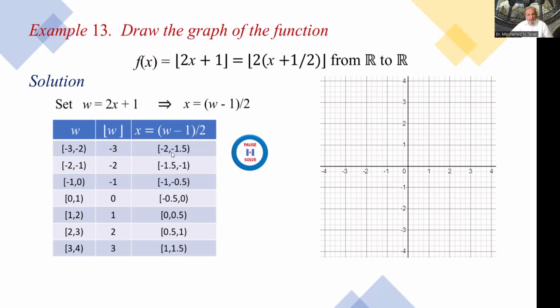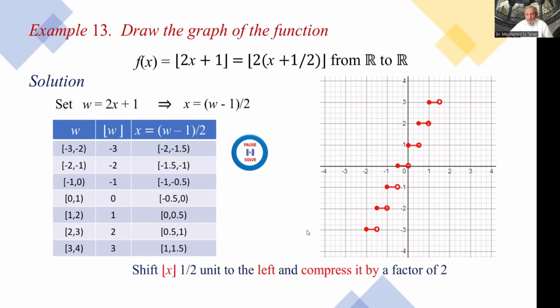So between -2 and -1.5, here is -3. And then you get, okay, now we know we can do that a little bit quickly because you have used quite a bit of them. So see what happened here is they'll shift half a unit to the left, and there's a compression of a factor of 2.